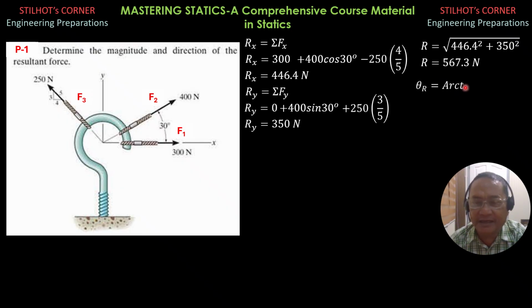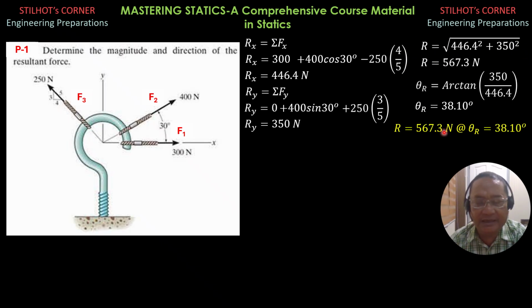Then theta R is arctan of 350 over 446.4, and that is equal to 38.10 degrees. Now, the answer therefore is 567.3 newtons at theta R equals 38.10 degrees, and it is understood counterclockwise from the positive x-axis.